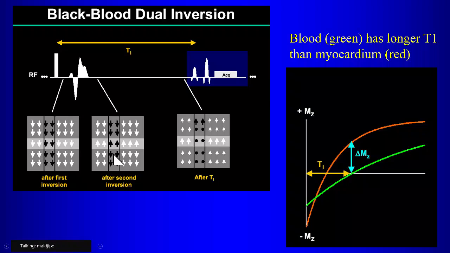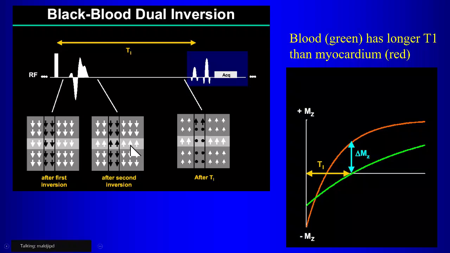And then we give a second 180-degree pulse that is slice selective, that is only for the imaging slice that we want. Okay, so what have we accomplished here? Well, for the imaging slice that we want, everything is back to longitudinal. This longitudinal magnetization is back where you want it. If you're going to give an excitation pulse, now we will get signal from here.